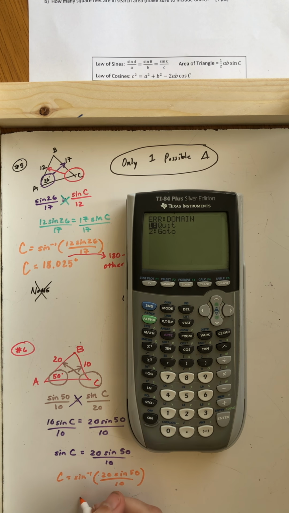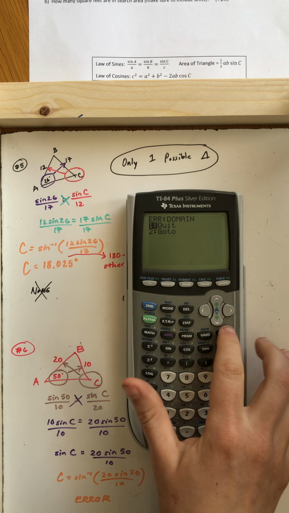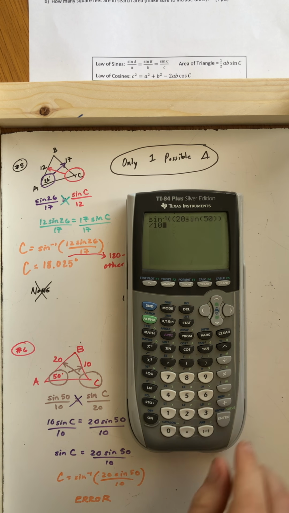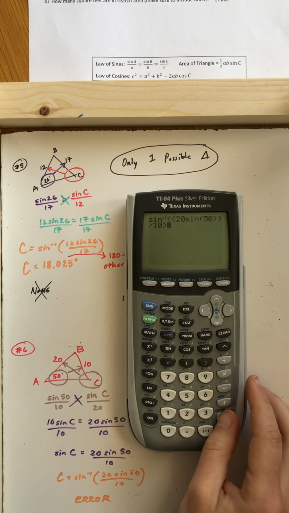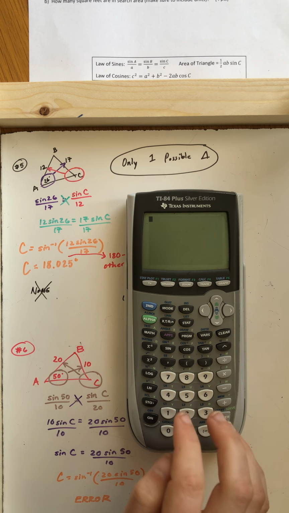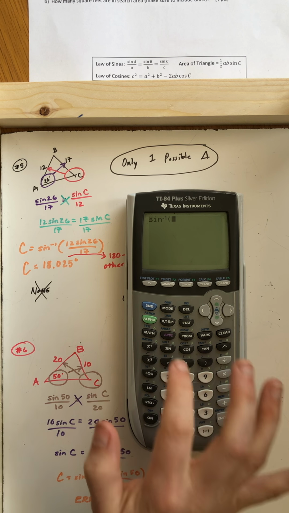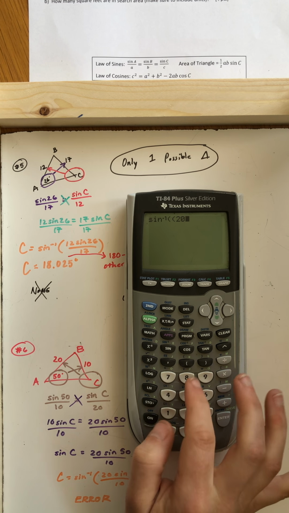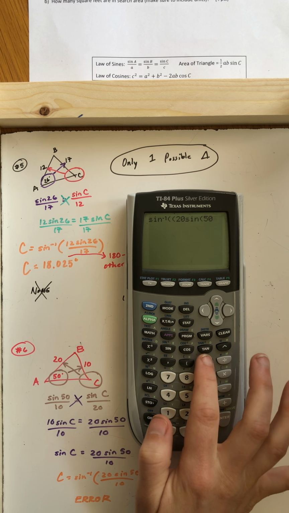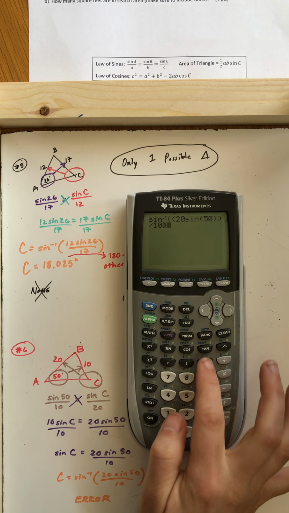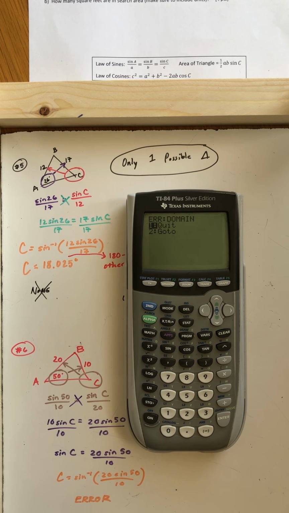Oh, and I got an error. So more than likely that means that there are no possible triangles. But then again, I could have typed that in wrong. So I'm going to type it in one more time just to see if it's going to work. So I have inverse sine, and I got error again. So it means that no triangles are possible.